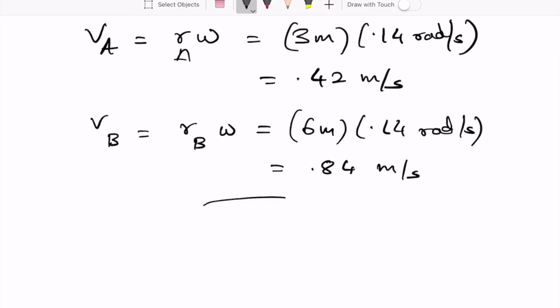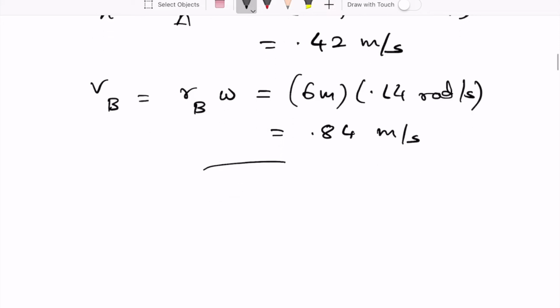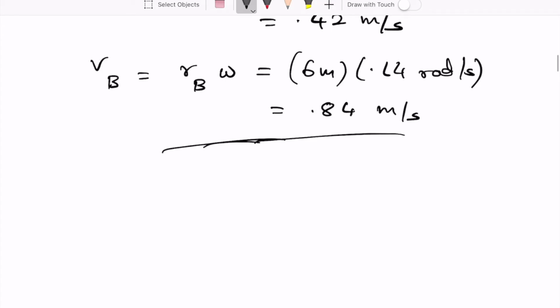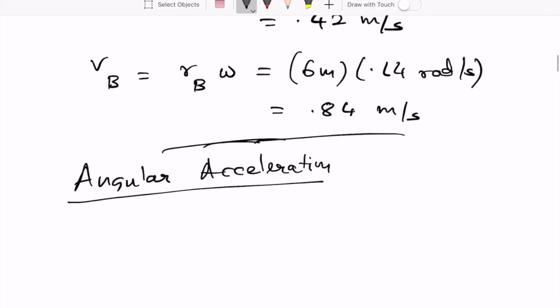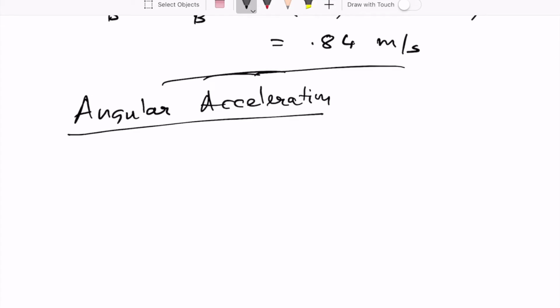The next thing that we're going to talk about is angular acceleration. If an object is not executing uniform circular motion, which means that its angular velocity is increasing or decreasing, we can define an angular acceleration as follows.